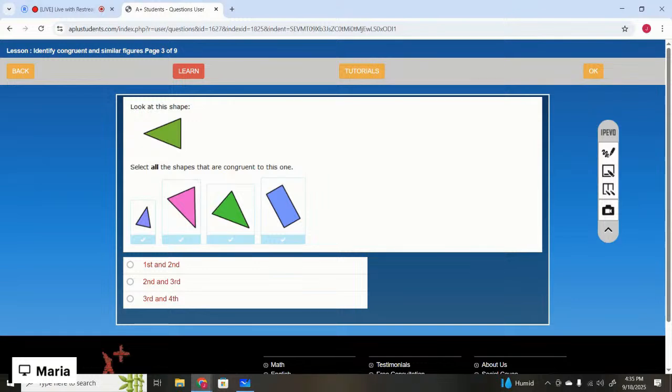Look at this shape. Select all the shapes that are congruent to this one. Second and third, option number two is the correct option.